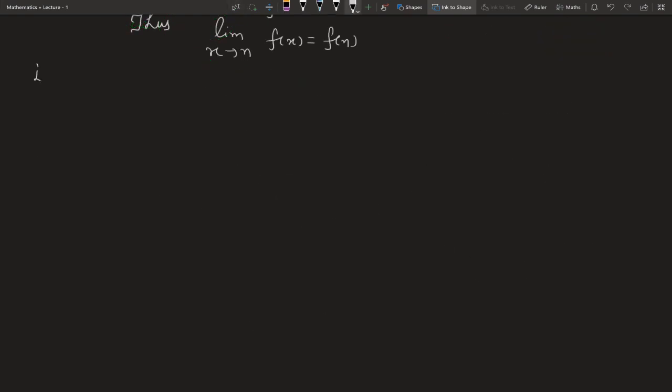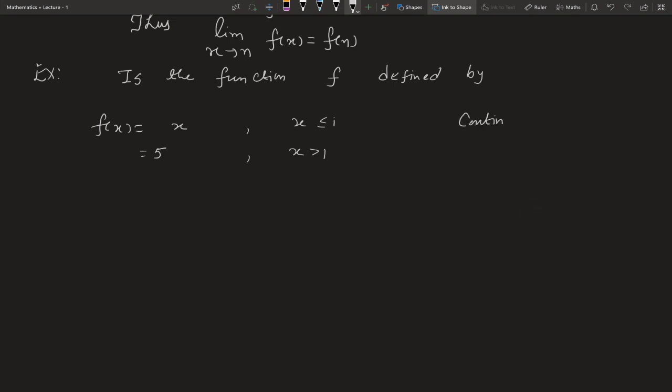Next example: is the function f defined by f of x equal to x for x less than or equal to 1, and its value is 5 if x greater than 1, continuous at x equal to 0?